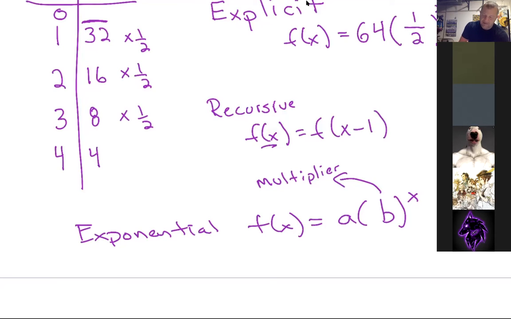So to get the next one, I take the one before it and multiply by what? What are we doing? We're not adding 3 this time. What are we doing to each previous term? We are multiplying by 1/2 or 0.5. Okay.